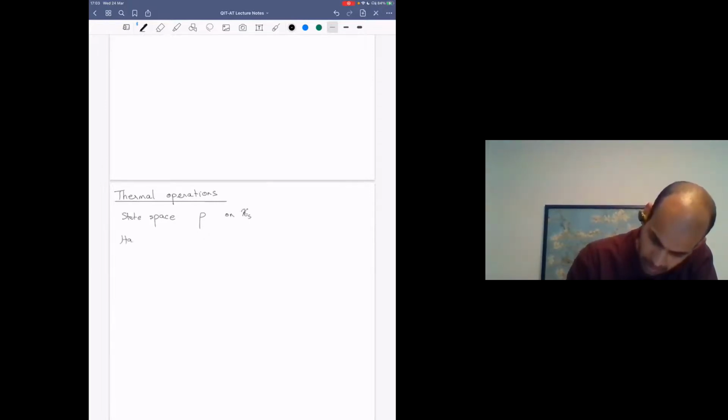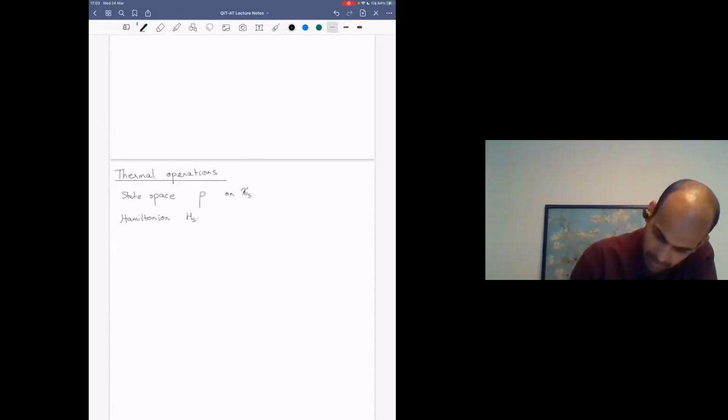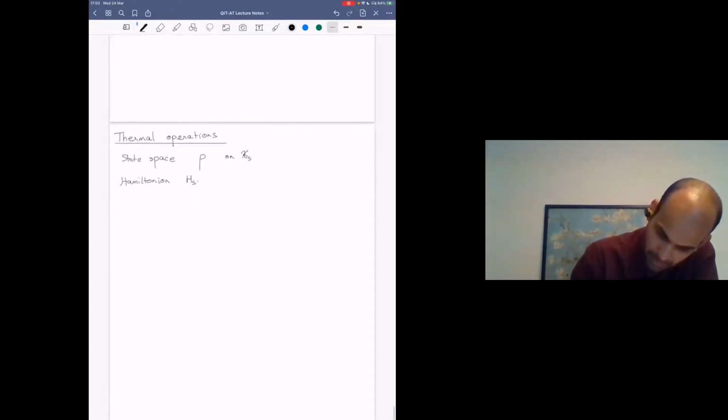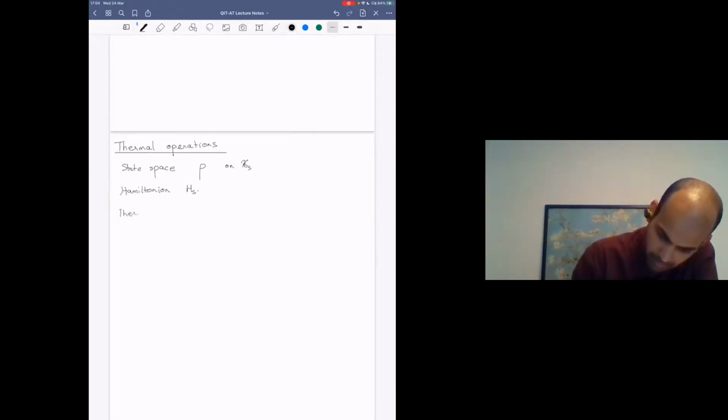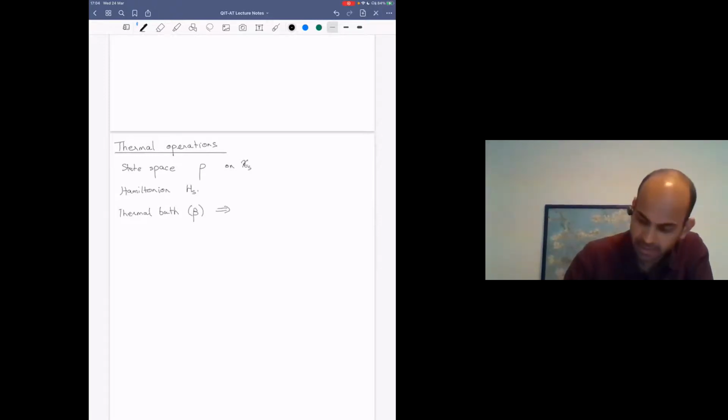I also have a Hamiltonian H_S. I also have a thermal bath at temperature beta, which, as we discussed briefly in the last lecture, means that for every Hamiltonian H_B of the bath, I can always pick the state for free.